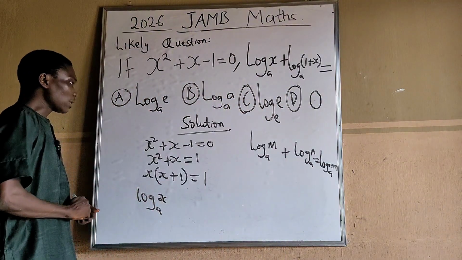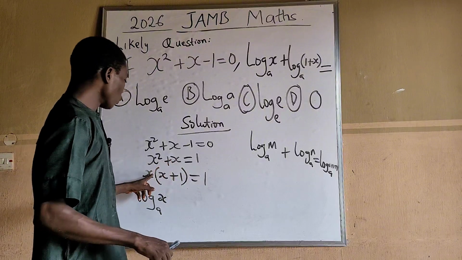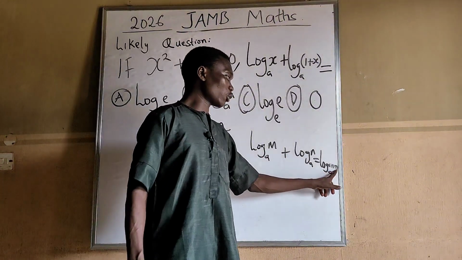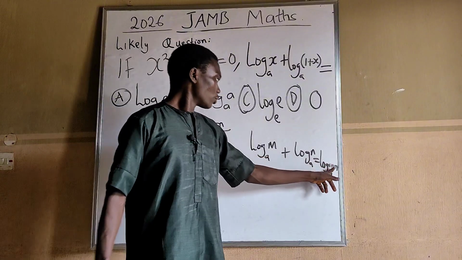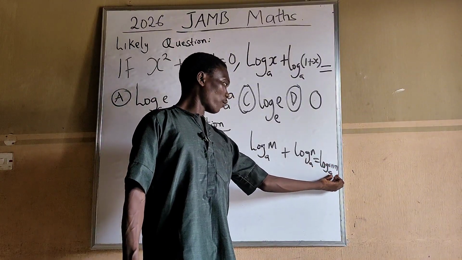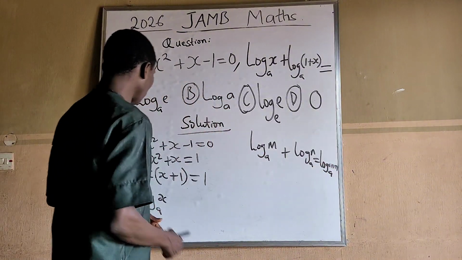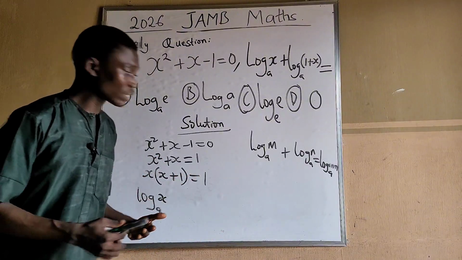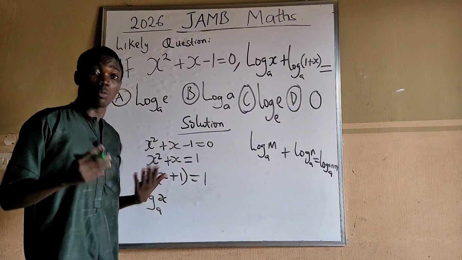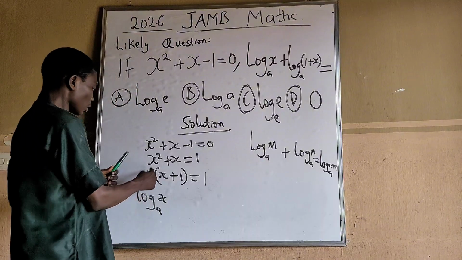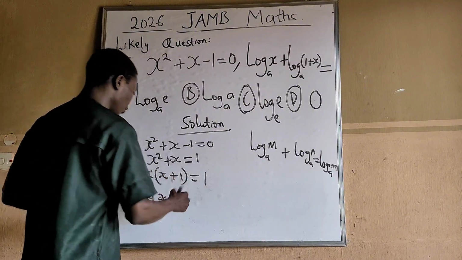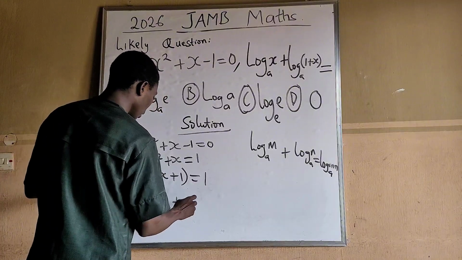The same thing is applicable to this, but now we are converting from multiplication back to addition. So we are coming from here to this part. In logarithm, multiplication changes to addition, and addition changes to multiplication. So this will change to addition.